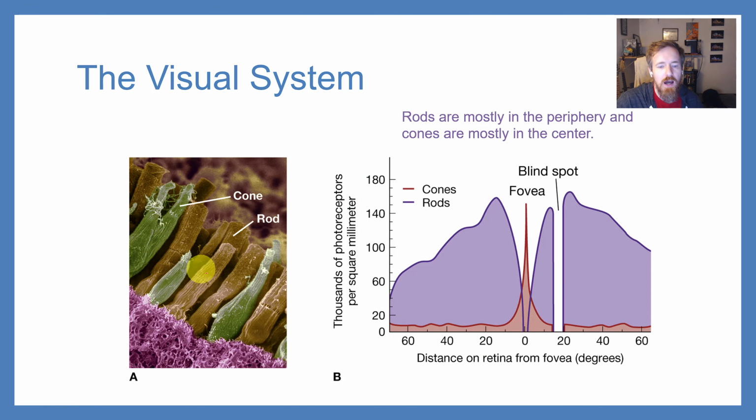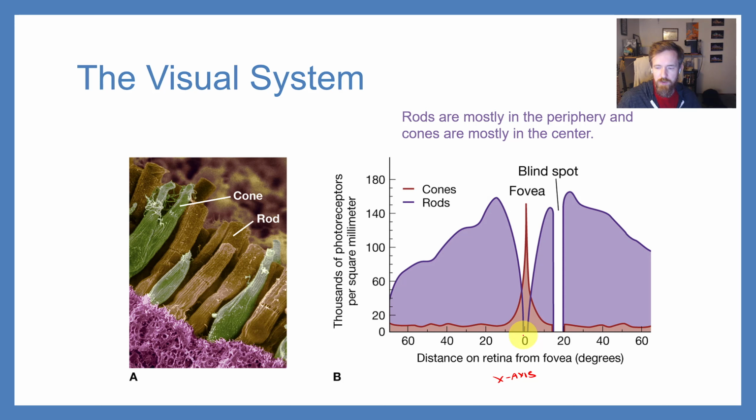You can see here a microscopic view of that, why they're called cones, because they are shaped like cones, and why they are called rods, because they are shaped like rods. Here's a really cool illustration to look at the distribution of these photoreceptors. The way to interpret this figure is that on the x-axis we have how far away from the fovea.